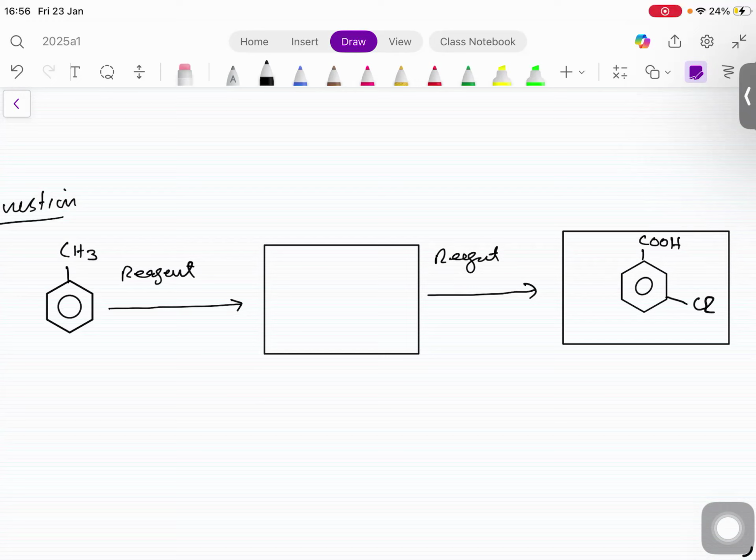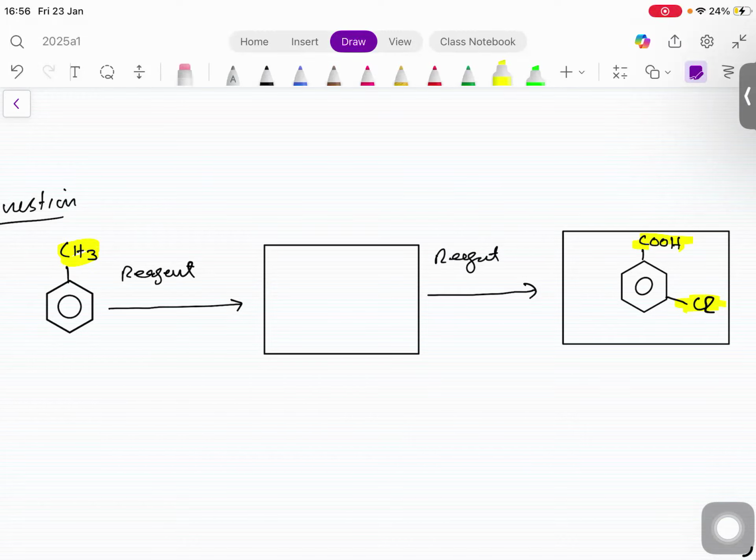Then you have to tell me which one is right. Now, one thing which is clear is that methylbenzene is to be converted into benzoic acid and 3-chloro. So it means I have to oxidize this methylbenzene to become benzoic acid. And I also have electrophilic substitution of the chlorine. Now, the point is which one I have to do first?